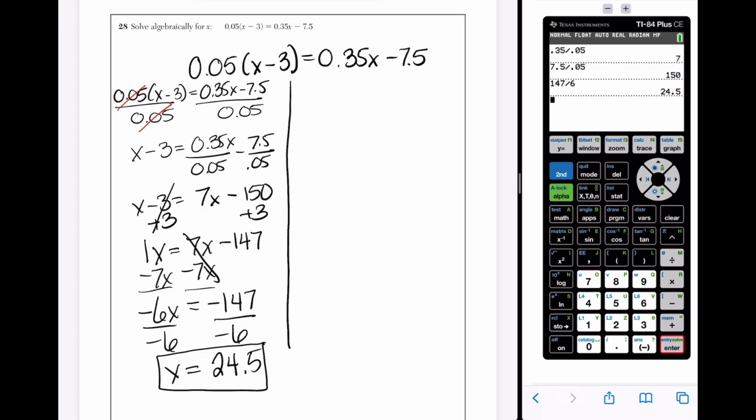Let's say you decided to distribute though instead. You're going to get the same answer, but I want you to think again about what could happen.